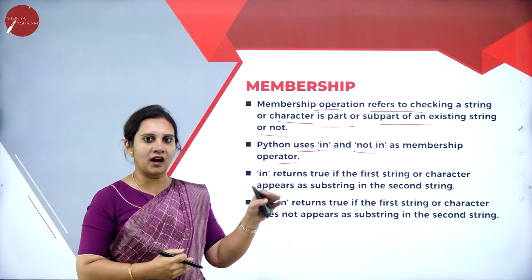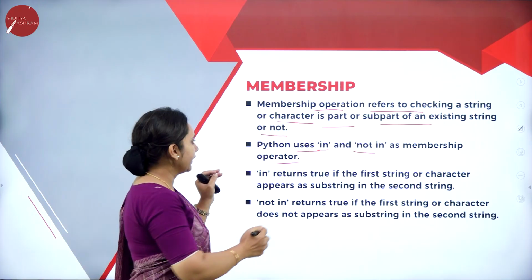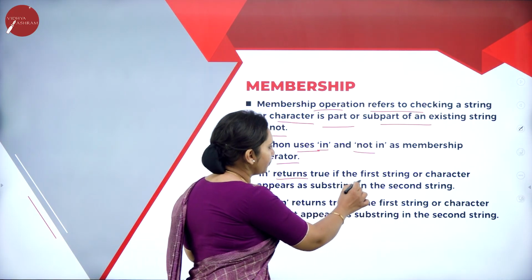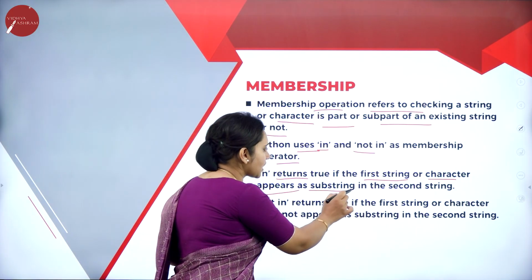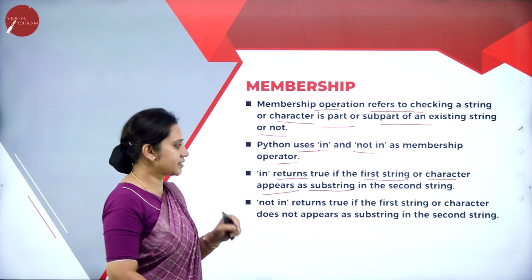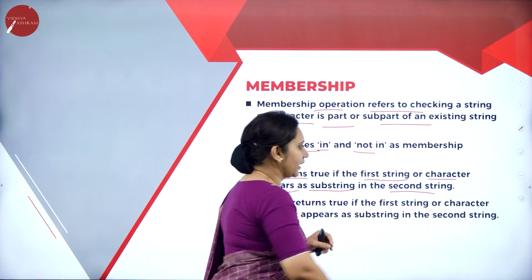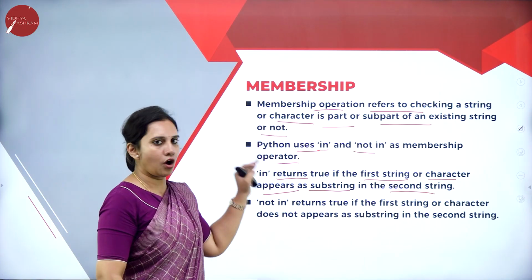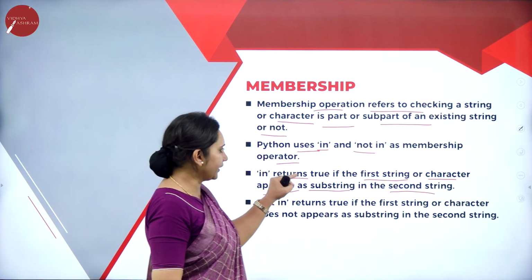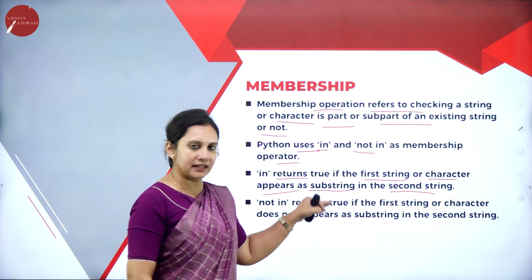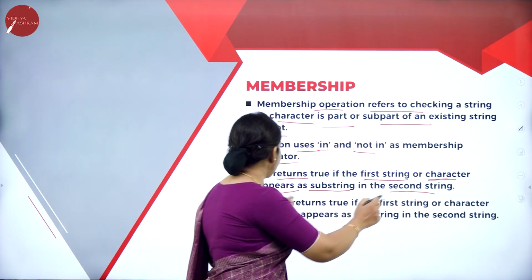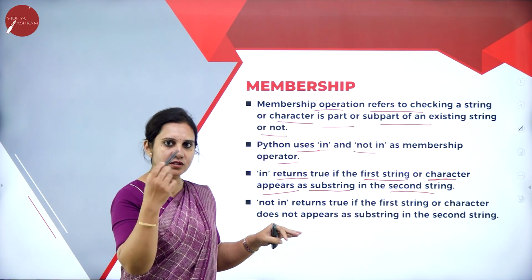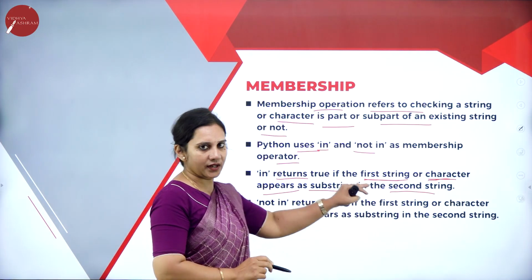So, what is in and what is not in? Let us see. In returns true if the first string or a character appears as a substring in the second string. Understand this again. I repeat it. The in operator returns true if the first string or the character appears as a substring of the second string.